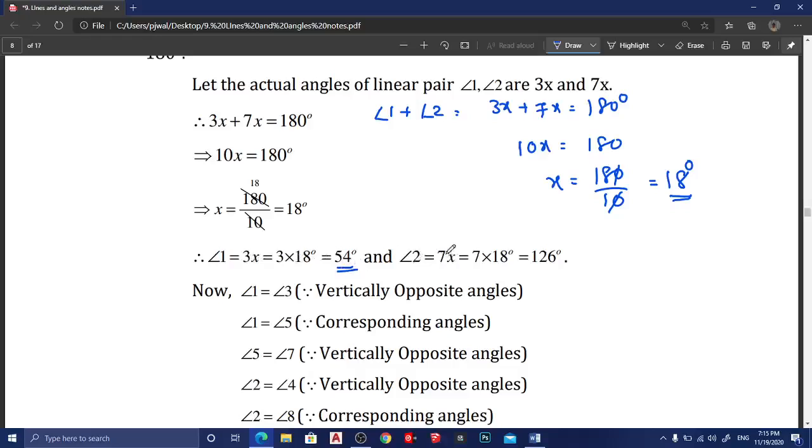And angle 2 is equal to 7x, which is equal to 7 into 18, 126 degrees. By adding these two angles, you should get 180 degrees, because these two are linear pair. Sum of the angles should be equal to 180 degrees. You are getting correct. So angle 1 is 54 and angle 2 is 126.